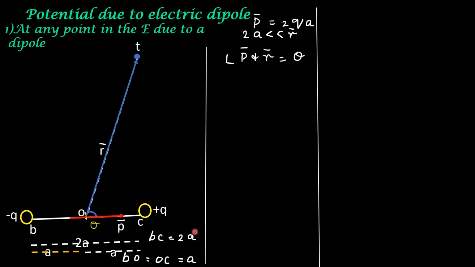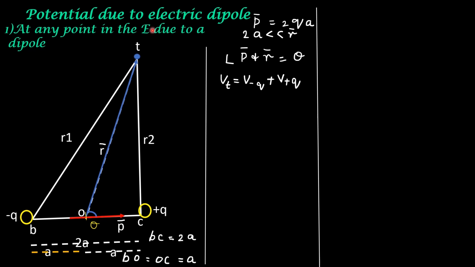We have to find the total by using the principle of superposition. Let r1 be the distance of negative q from the point T and r2 the distance of positive q from T. So potential at T, Vt is equal to V due to negative q plus V due to positive q.